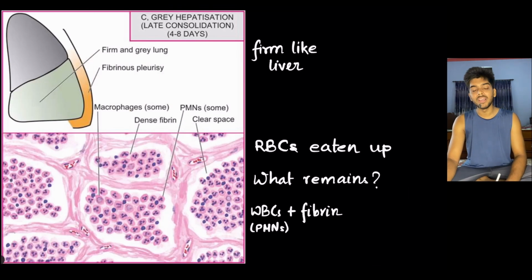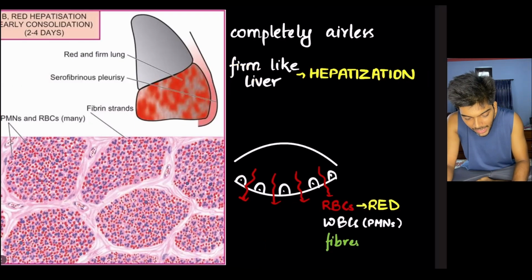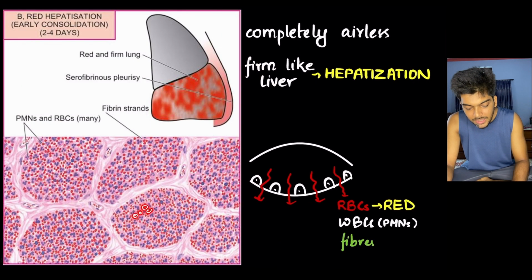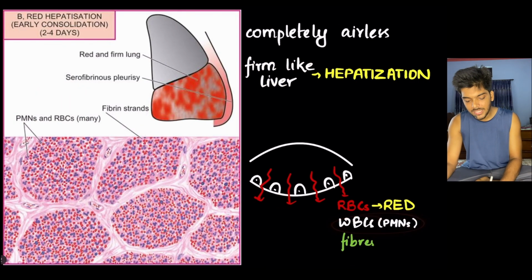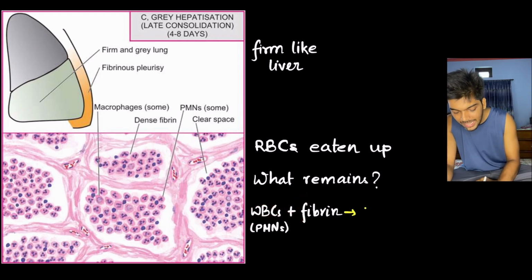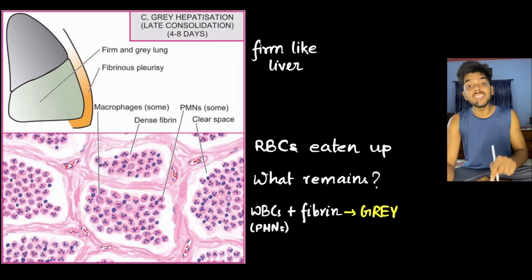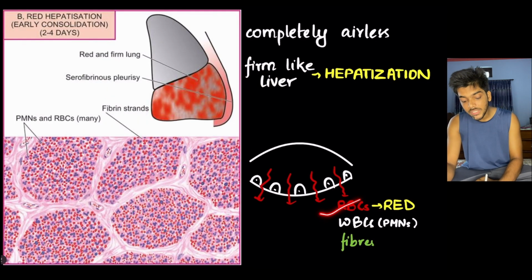Okay. Third, gray hepatization. All the RBCs that came into the alveolar space become old, they die, and they get eaten up. What remains? The WBCs, the polymorphonuclear cells, and the fibers remain, and they give the lung the gray color. See, the air space is still filled with cells. Previously, the cells were red blood cells, WBCs and fibers.